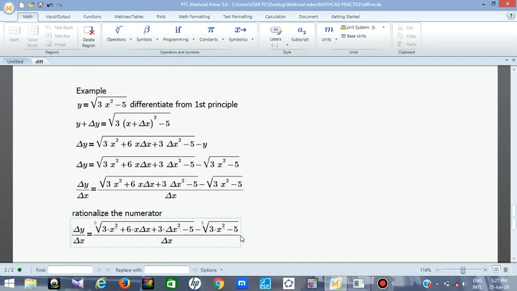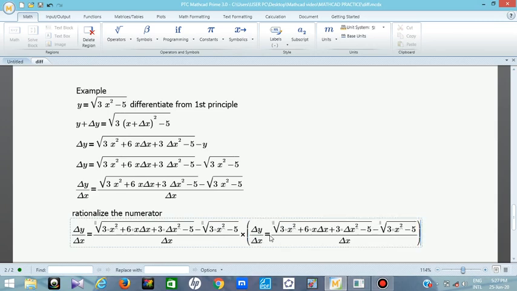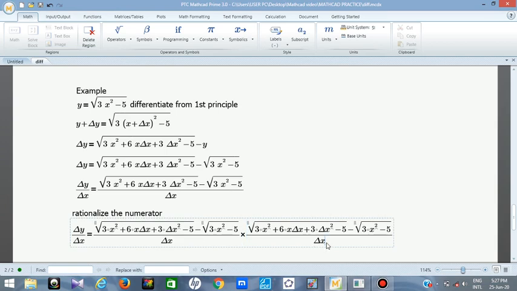We multiply by this itself, so we remove the bracket. We don't need the bracket. Then in the denominator, this place will be plus.